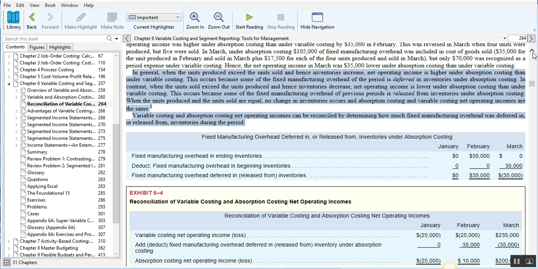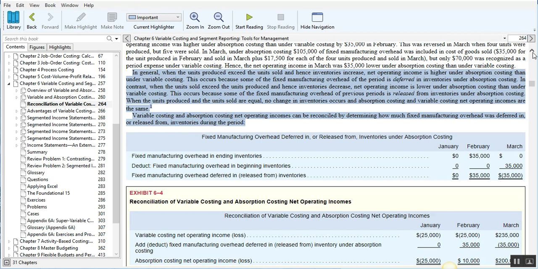And this occurs because some of the fixed manufacturing overhead of previous periods is released from inventories under the absorption costing method. When the units produced and the units sold are equal, no change in inventories occurs, and absorption costing and variable costing net operating incomes are the same.